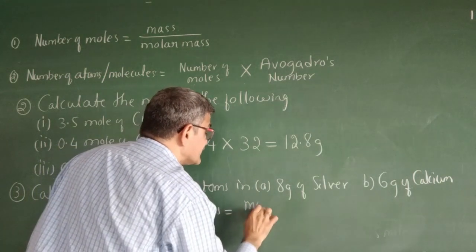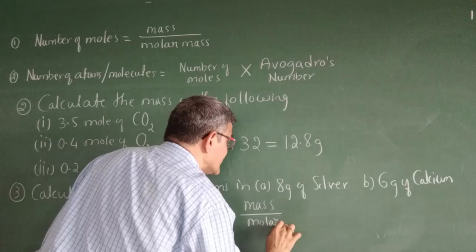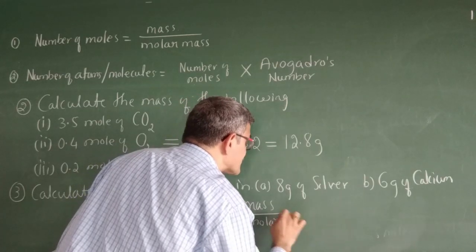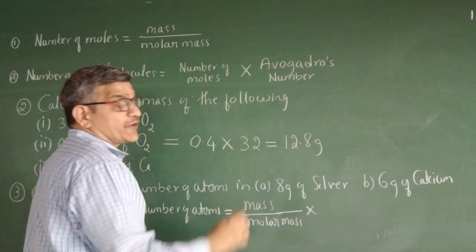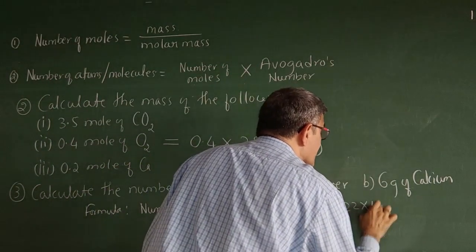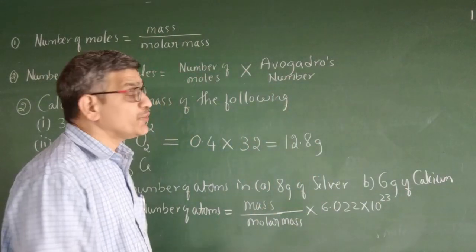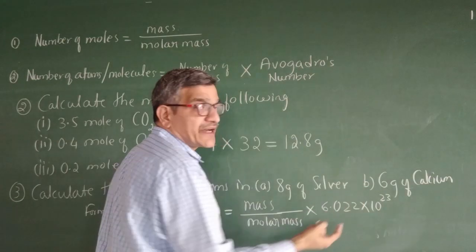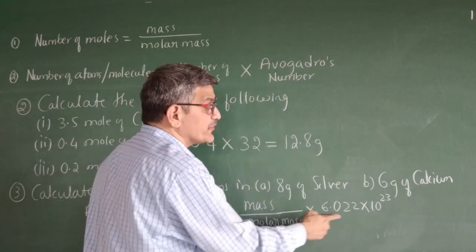It is mass divided by molar mass into Avogadro's number. Avogadro's number is 6.022 into 10 raised to 23. That is 1 mole of, 1 mole means these many particles. Atoms is atoms, molecules is molecules. So therefore we have to write that.